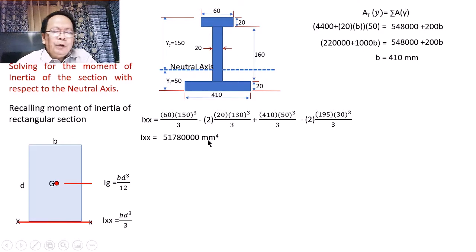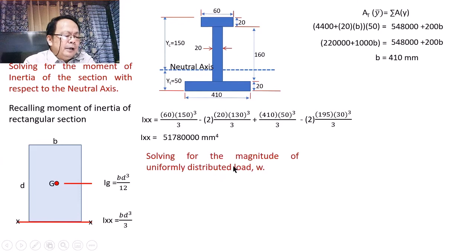Now, after we have computed the moments of inertia of the beam cross-section with respect to the neutral axis, di ba? Now, we are ready to compute for the magnitude of the uniformly distributed load, W, that can be carried, aside from the concentrated load at the midspan of the beam.